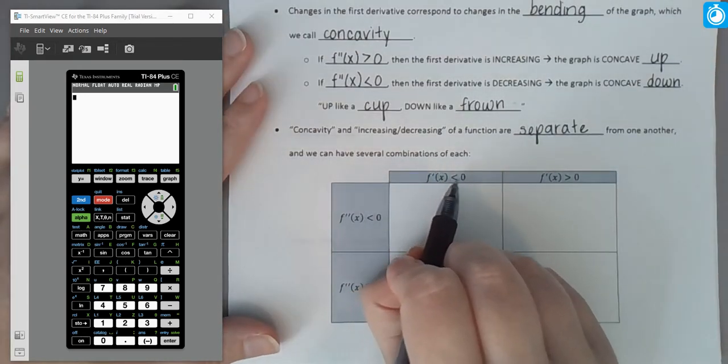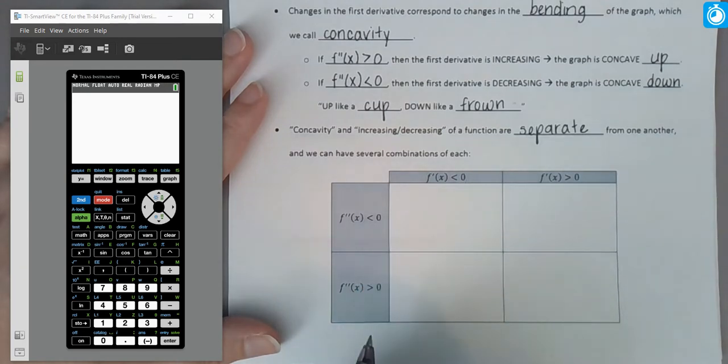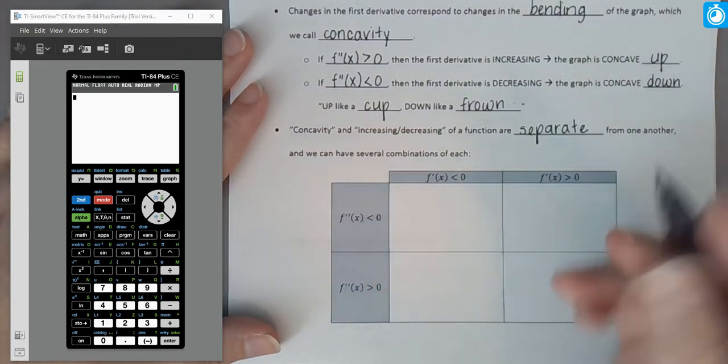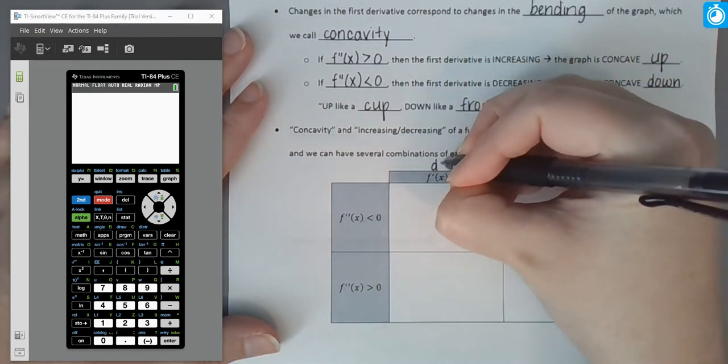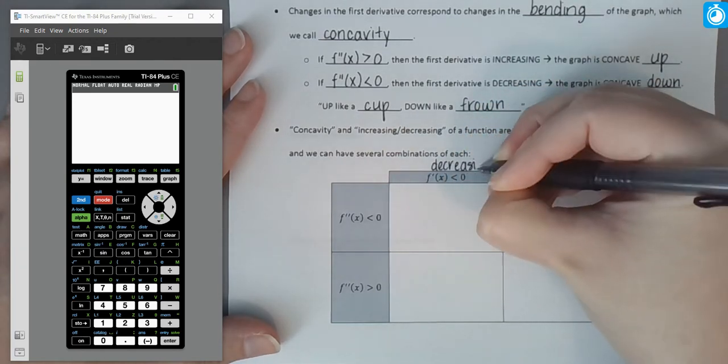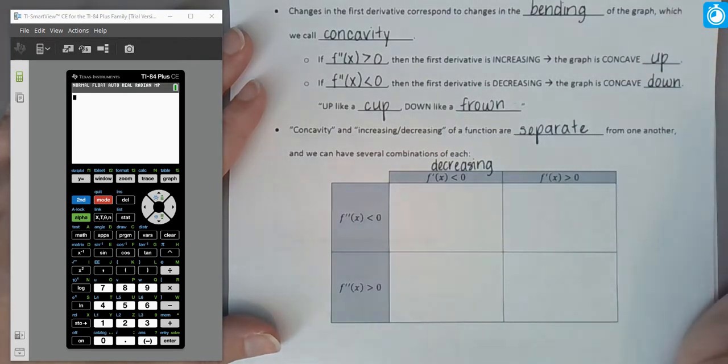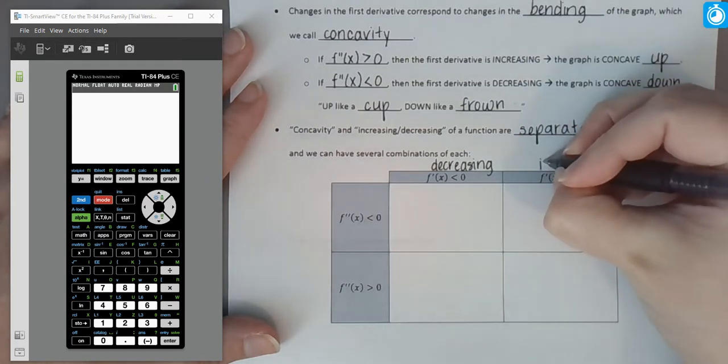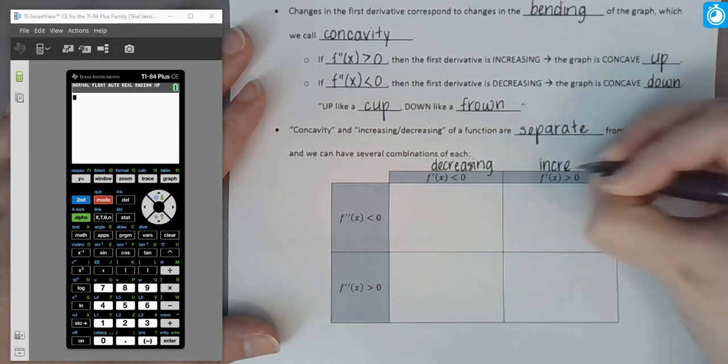So suppose our first derivative is negative. If our first derivative is negative, that means we are decreasing, and that's what we determined from the last video. When we talked about increasing and decreasing, anytime the first derivative is negative, we're decreasing. Now, anytime the first derivative is positive, we are increasing.